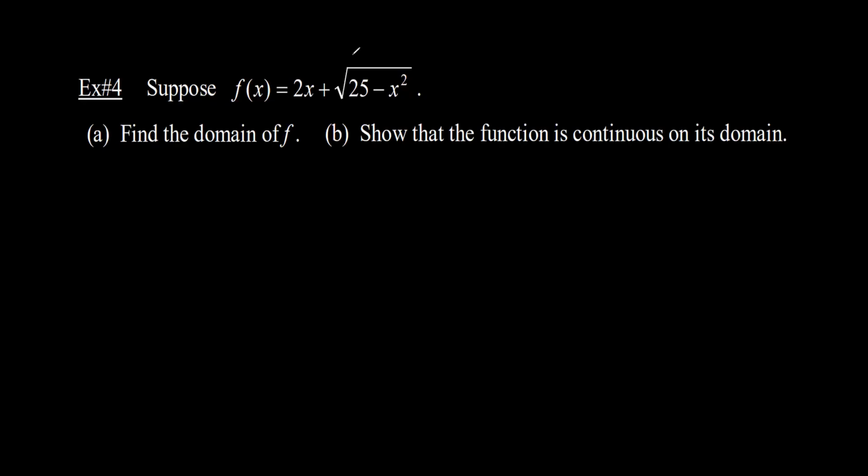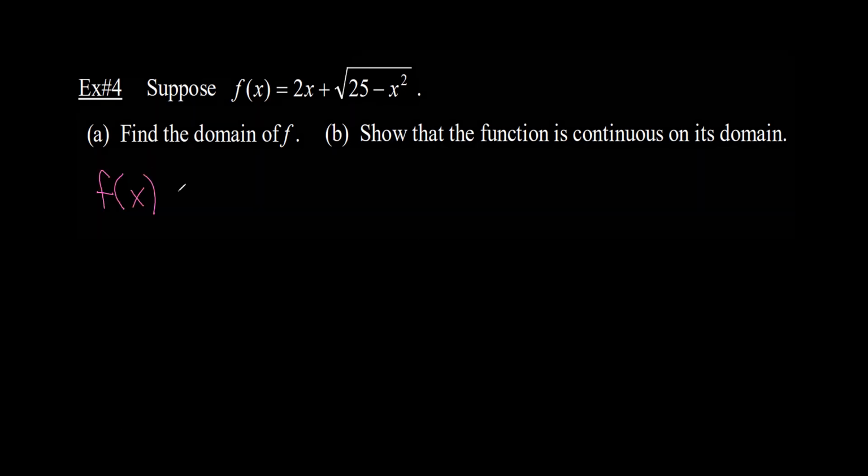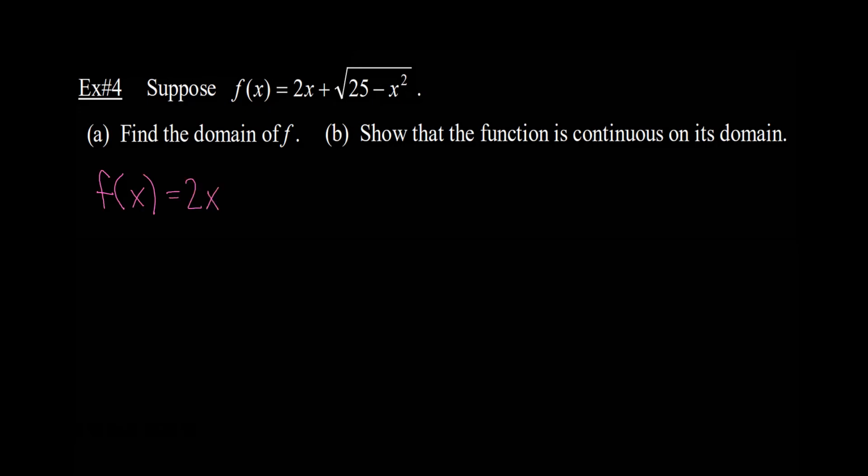All right, let's look at an example. First of all, let's take a peek at this function f of x and see what the domain of f is. If we look at the function, the 2x does not cause a problem, but this square root of 25 minus x squared, that's a problem.